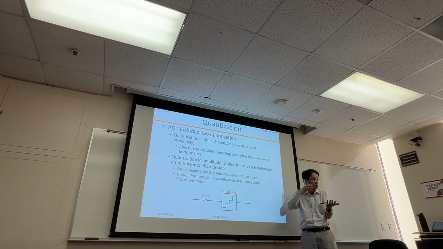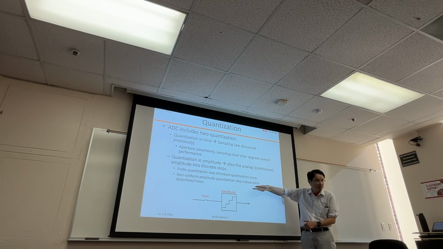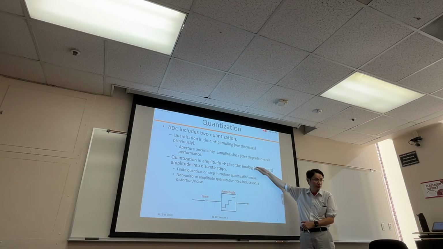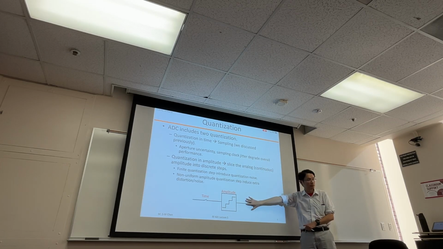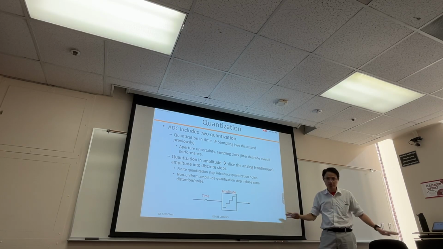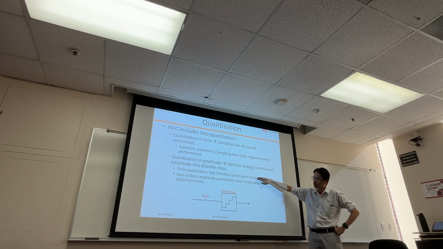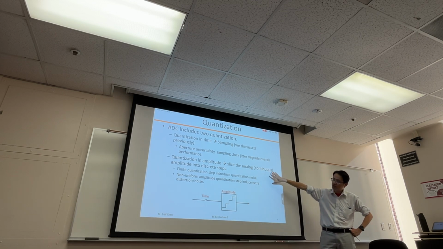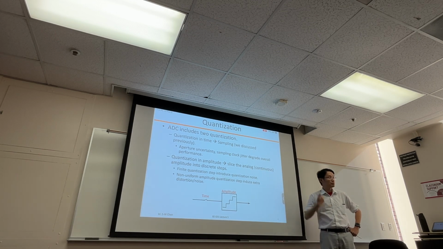Because of the finite bits, you have finite discrete voltage levels, or amplitude levels. So the amplitude is not continuous. We've got to make it discrete. We need to slice this continuous amplitude into discrete steps. That's what we're doing.